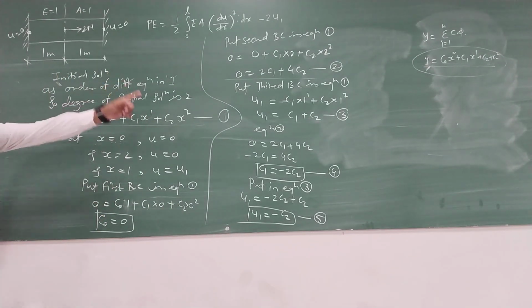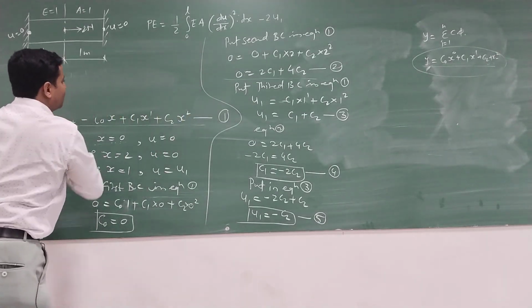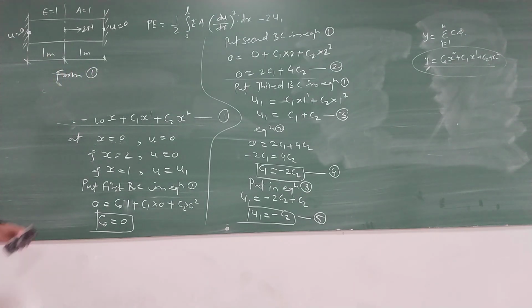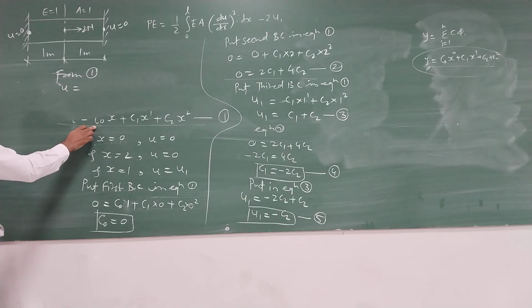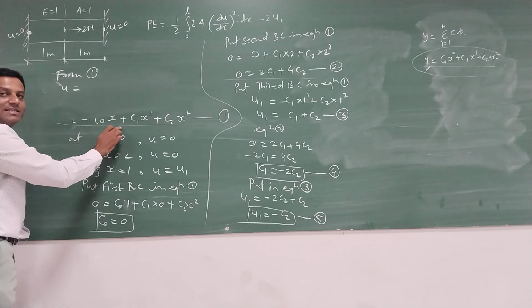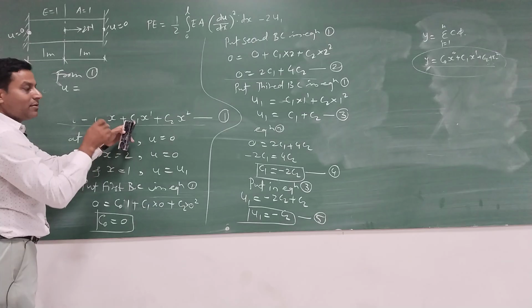Okay, so put all the values in equation 1. So I'll write here from 1. So this is the equation 1. U equal to C0. C0 is 0. So the first term will be 0, plus C1. What is the value of C1?